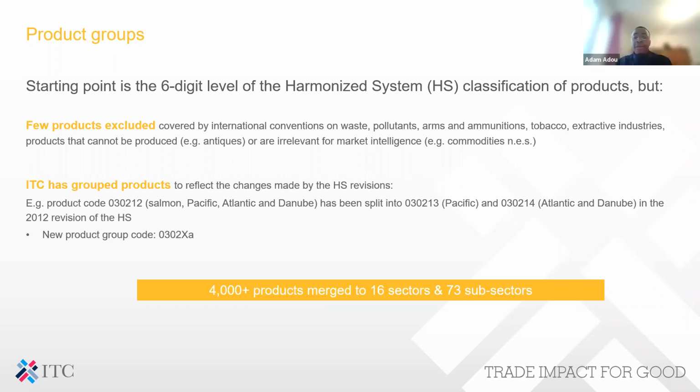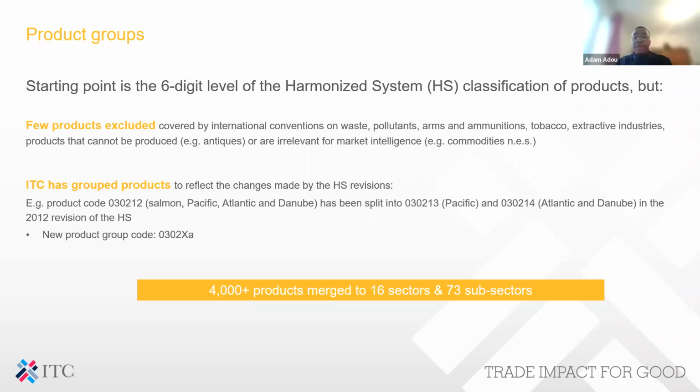So you will have the first 4 digits of the product, and then 2 specific letters that show you that this product is grouped with others. We have the example here of salmon, and as we know, there are a lot of different varieties of salmon, and the position can change over time.